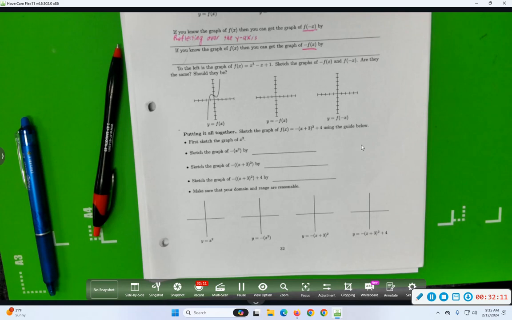And if you like, the reason is the same as the reason that evenness means that the graph is symmetric over the y-axis. If you make the input of a function negative, what does that do to the graph? It just makes all of the x coordinates negative, or positive if they used to be negative. It changes the sign of all the x values. Yeah, that's reflection over the y-axis.